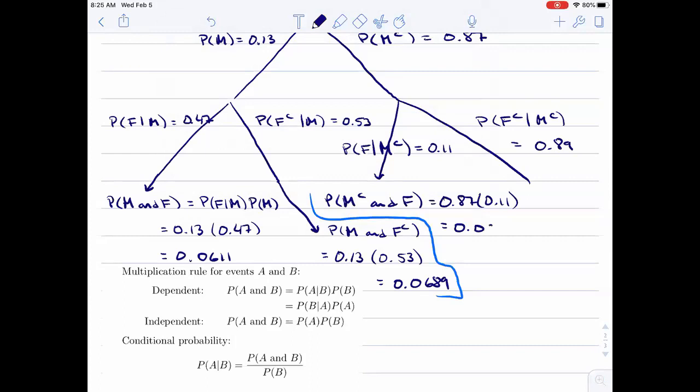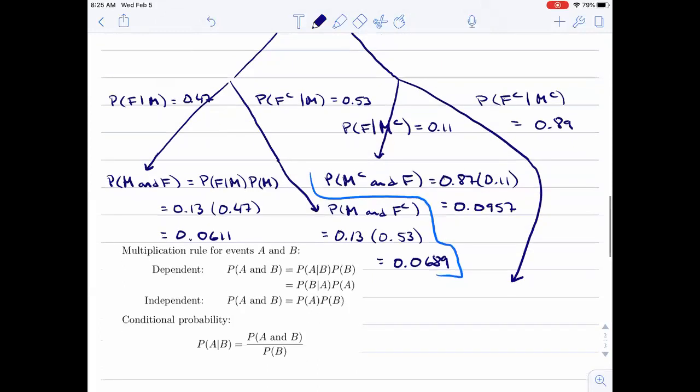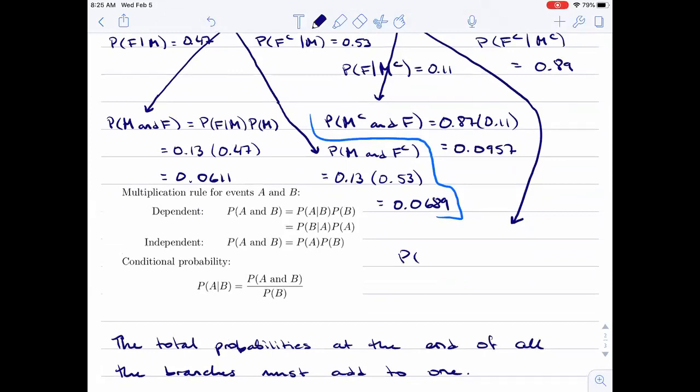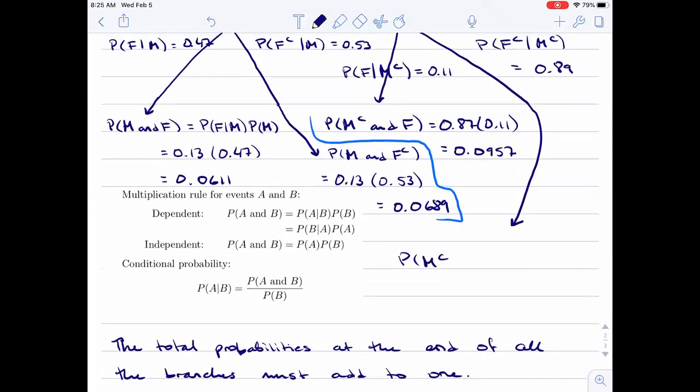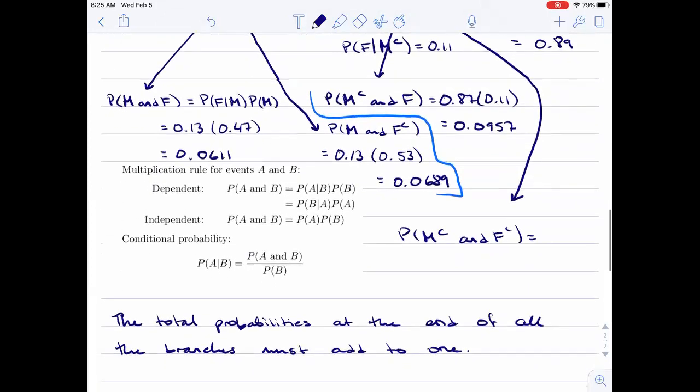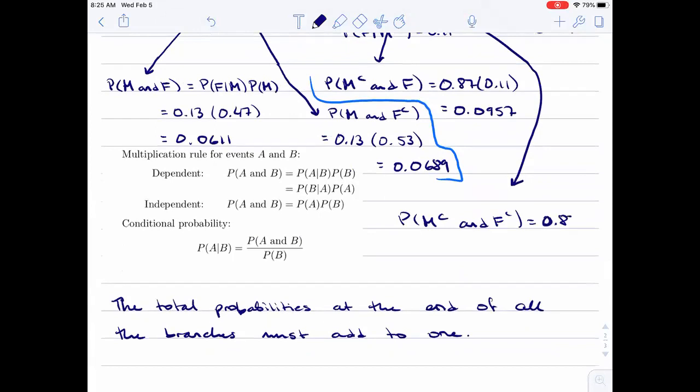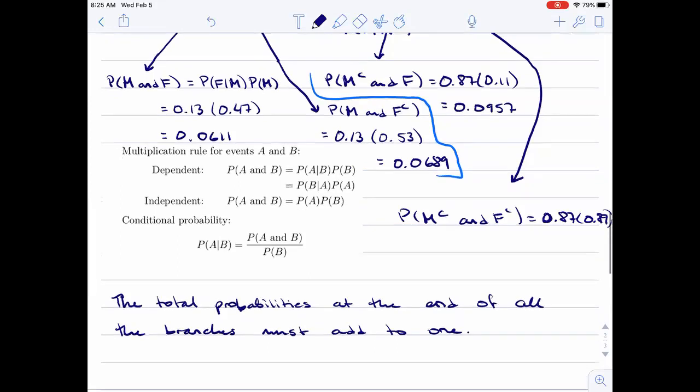I get 0.0957. And then the probability of not getting an A on the midterm and not getting an A on the final is 0.87 times 0.89. I get 0.7743.